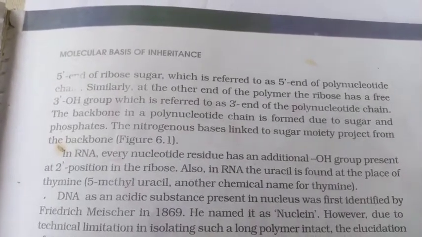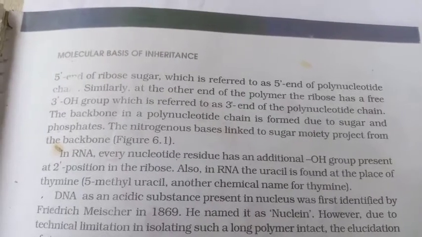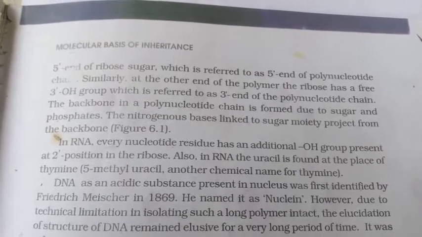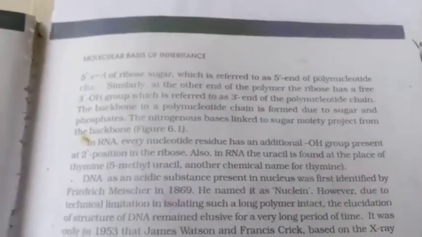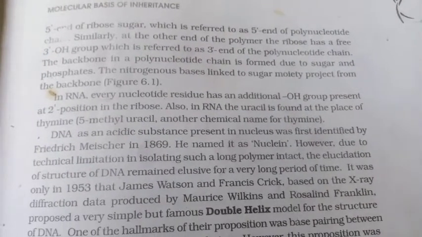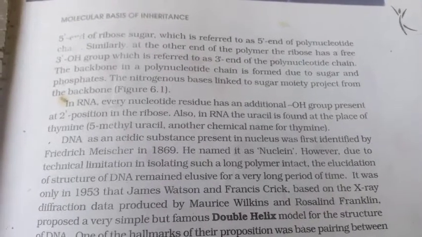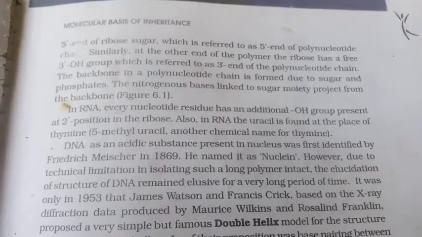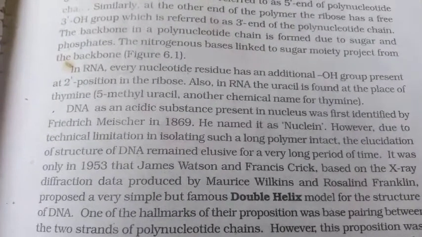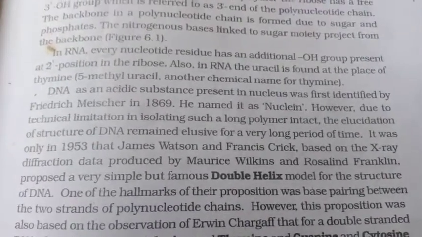However, due to technical limitations in isolating such a long polymer intact, the elucidation of the structure of the DNA remained elusive for a very long period of time, until it was only in 1953 that James Watson and Francis Crick, based on the X-ray diffraction data produced by Maurice Wilkins and Rosalind Franklin, proposed a very simple but famous double helix model for the structure of DNA.